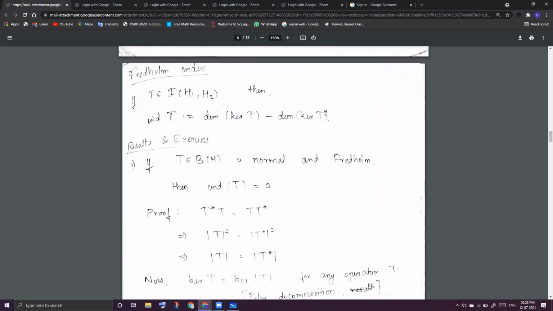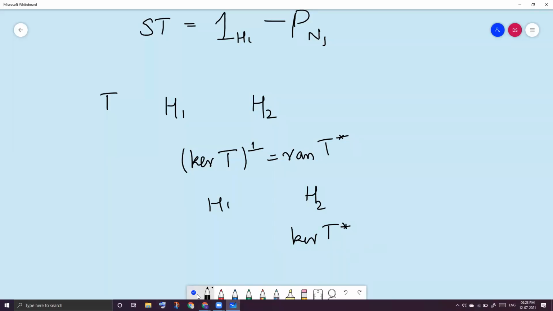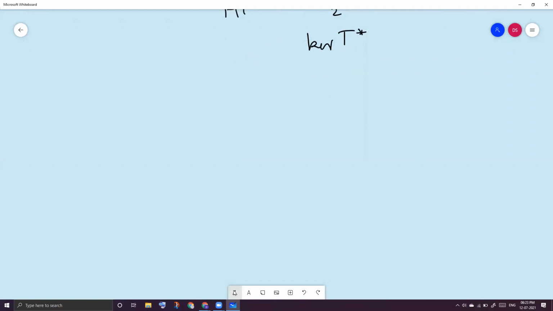Okay. So now I define something called a Fredholm index. If T is a Fredholm operator from H1 to H2, then the index of T is just the difference between the dimensions of the kernel of T and the kernel of T star.